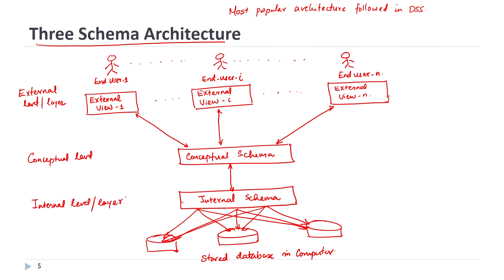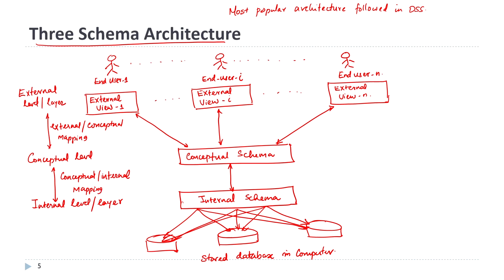Now, this transition we call the external conceptual mapping, and this is known as the conceptual internal mapping.